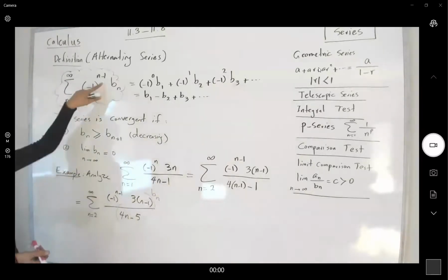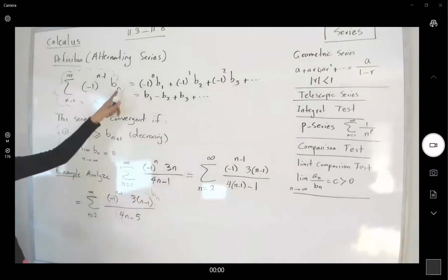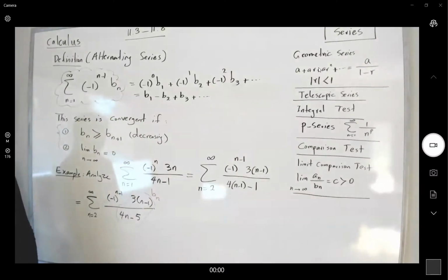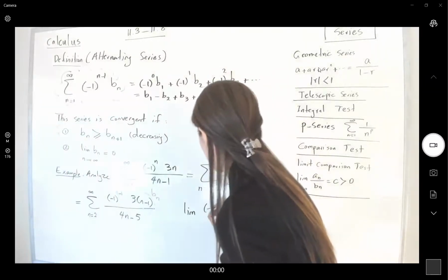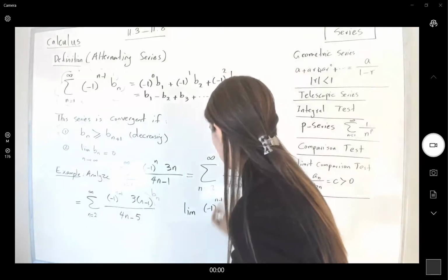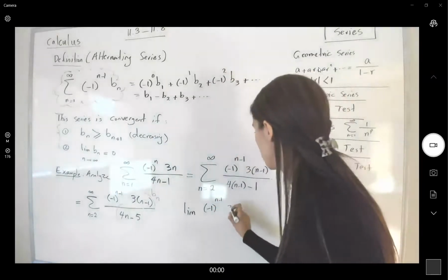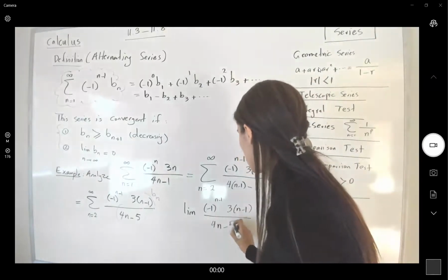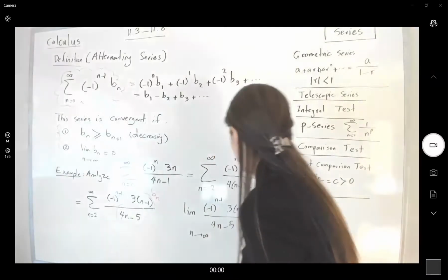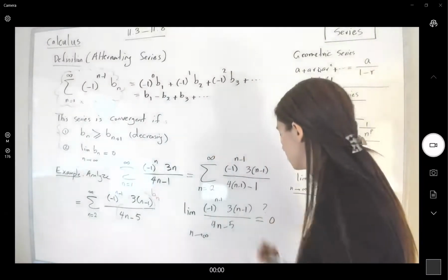Negative 1 raised to n minus 1, and my bn is here. So if you find the limit, does the limit go to 0? Does the limit of negative 1 to n minus 1, 3 times n minus 1 over 4n minus 5 as n approaches infinity, remember this is step 1, is it 0? What do you think?